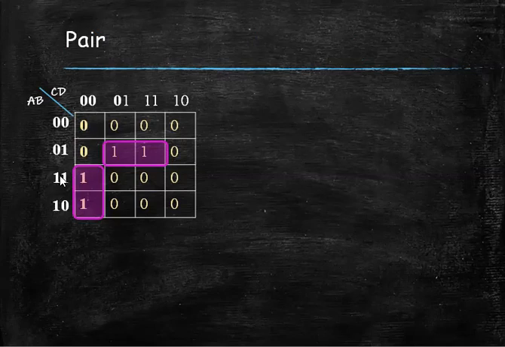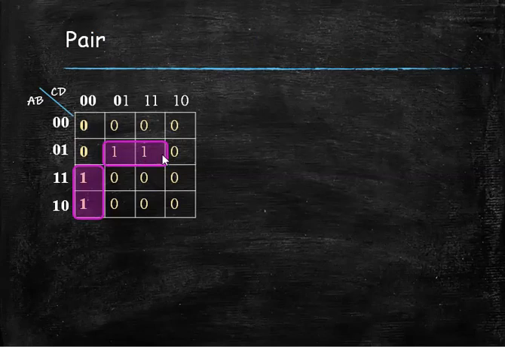Then we move downward. The 1 1 is changed to 1 0, that is B is complemented. Then we remove the B from this pair. Then we get A C bar D bar. A C bar D bar for this one.